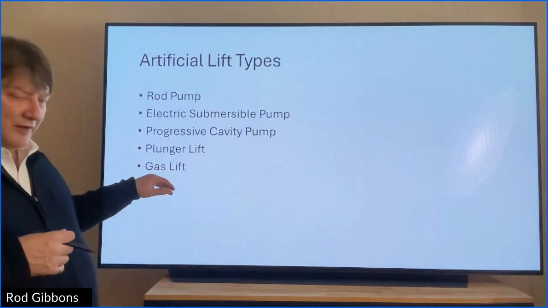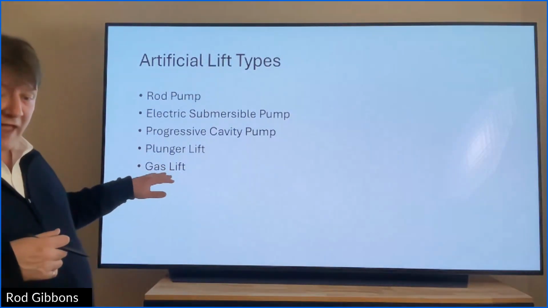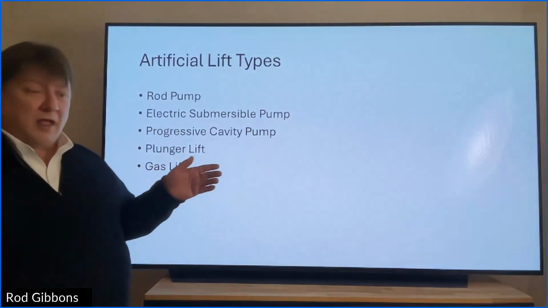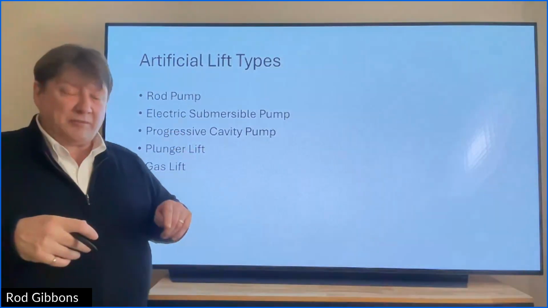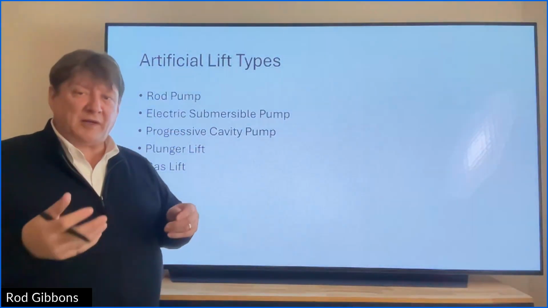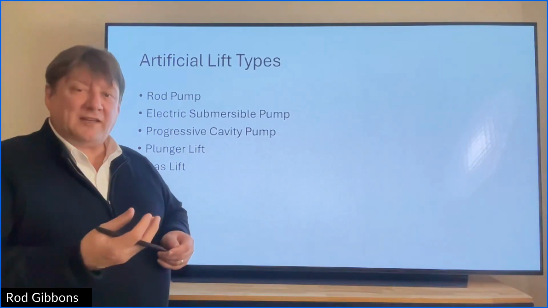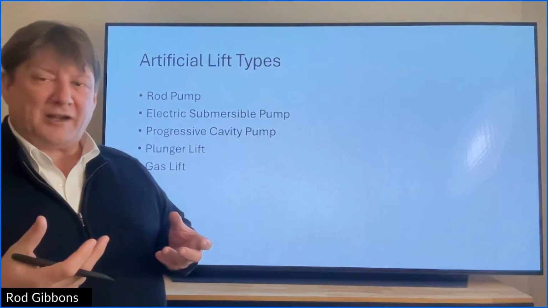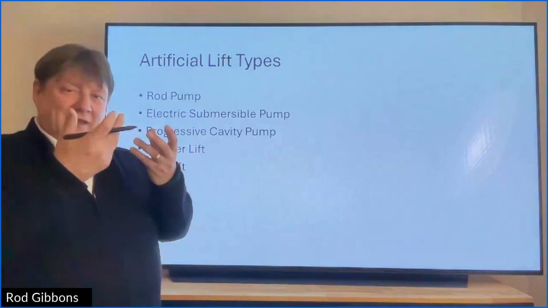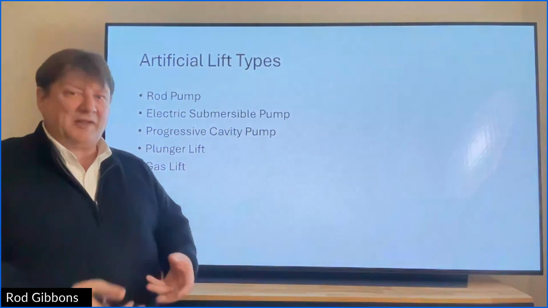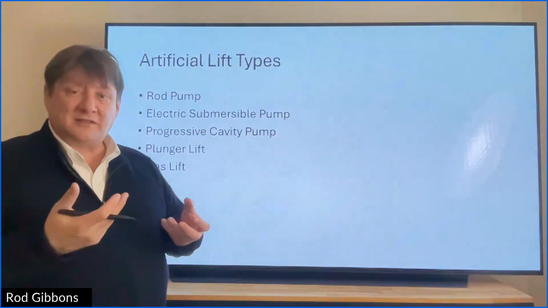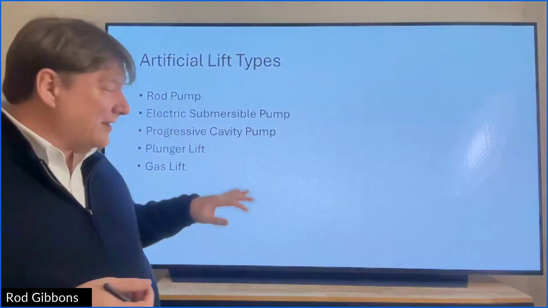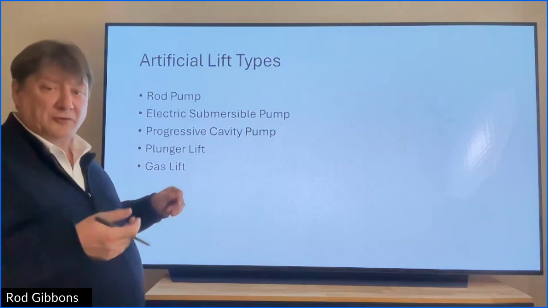I guess the reason for gas lift, which we'll talk about later, you're actually just compressing gas and putting it into the well and bubbling it into the fluid, which has the effect of making it a lighter density. That way it can flow from the bottom of the well to surface easier, because the density is less. And that's probably the most popular offshore.